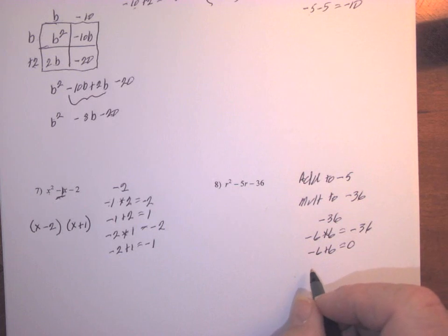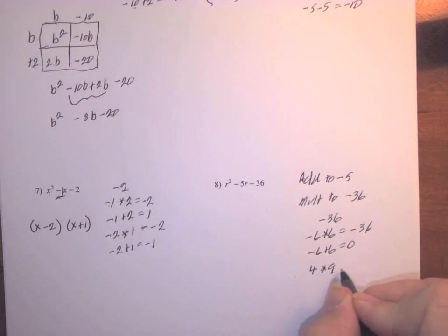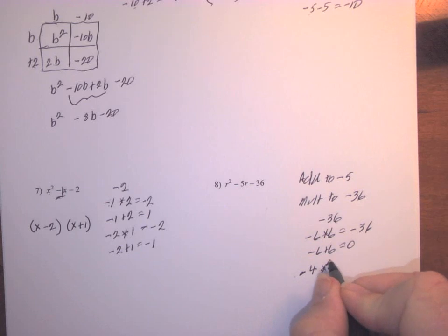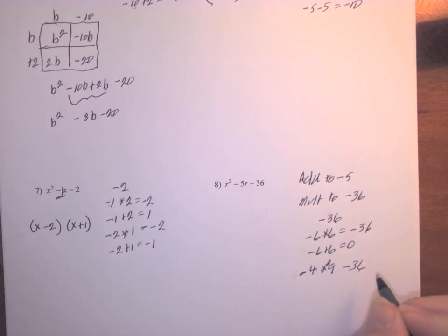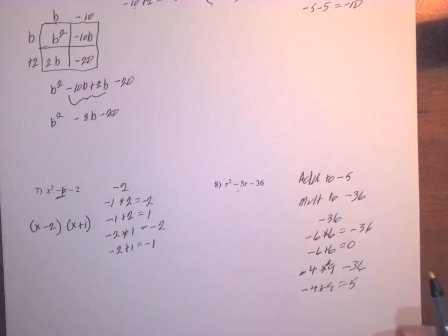We could have 4 times 9, and we'll make it minus 4. Minus 4 times 9 is negative 36. But negative 4 plus 9 is equal to 5. And we got a negative 5 here, guys. So let's turn them around and make it minus 9 times 4.